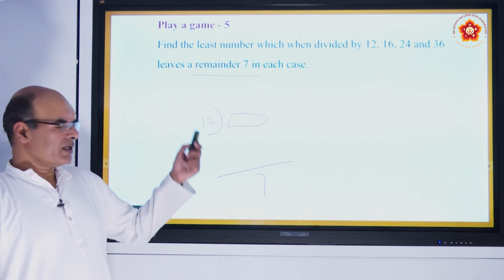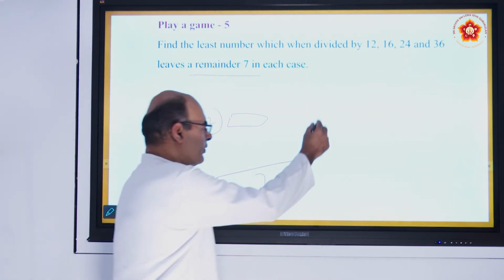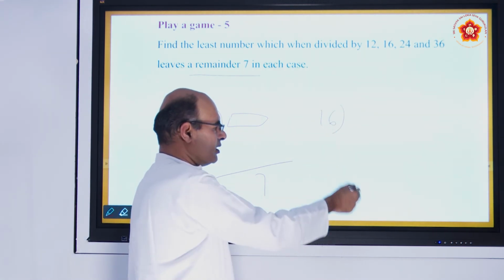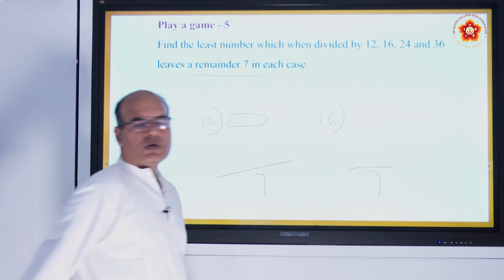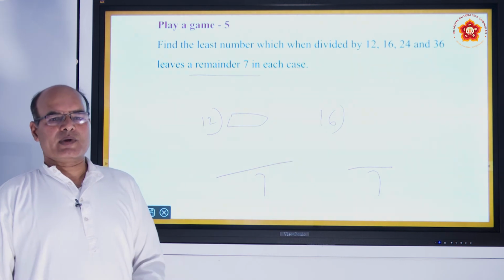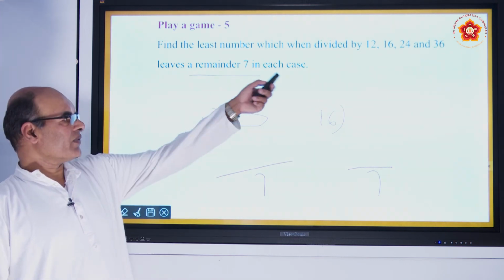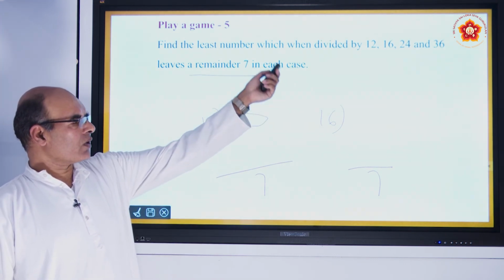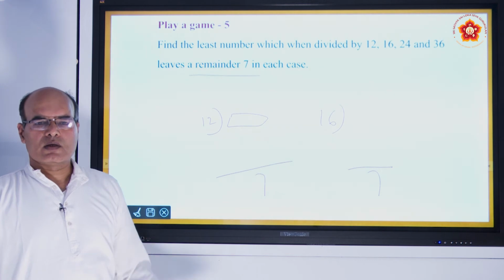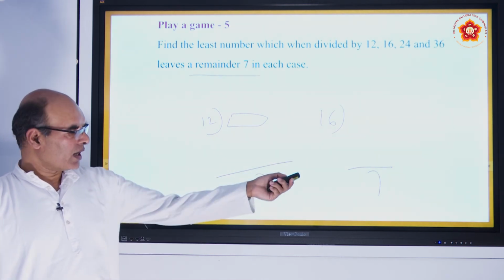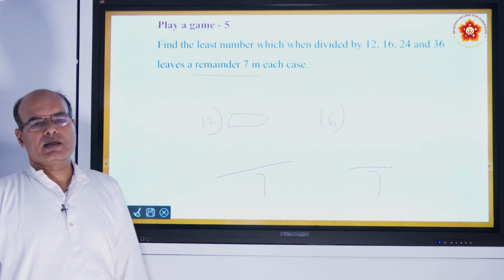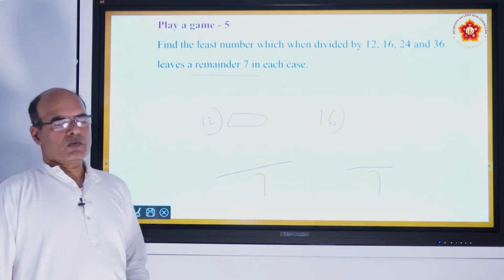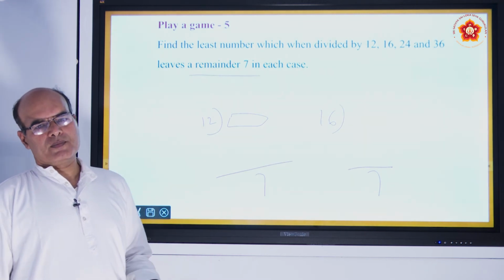If I divide that same number by 16, then also we should get 7 as remainder. Similarly, if I divide that number by 24 or by 36, in all these cases we have to get 7 as the remainder.